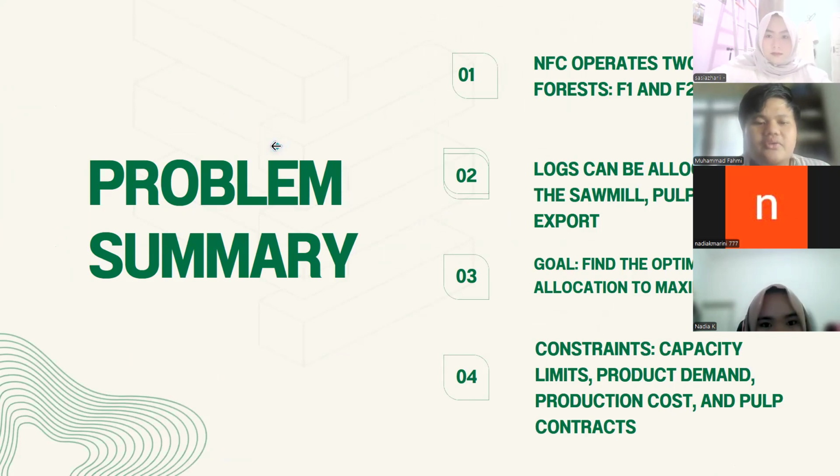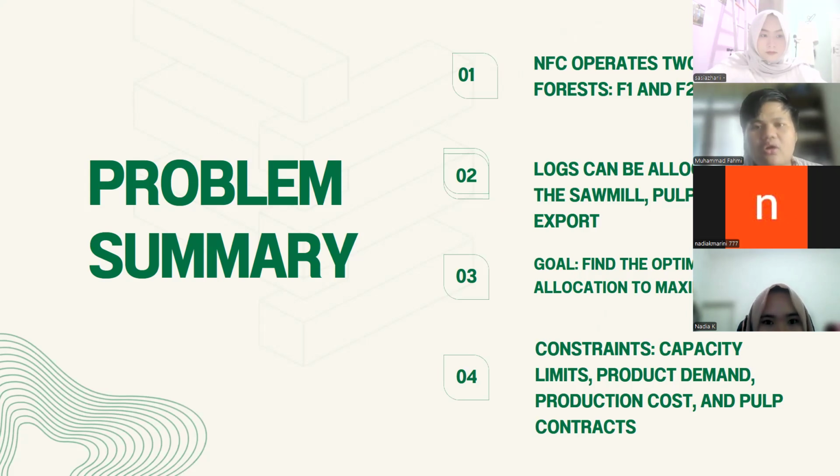So the problem summary from this case study is that NFC operates two forests, and they have the ability to turn logs from those forests into products by sending the logs into a sawmill, a pulp mill, or to make a profit by exporting them to another country.